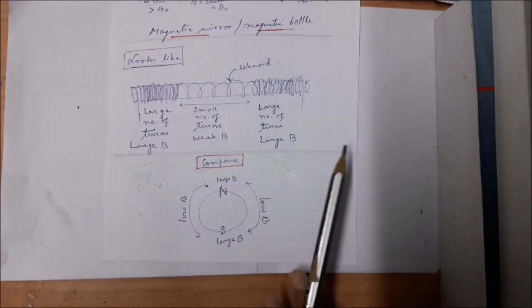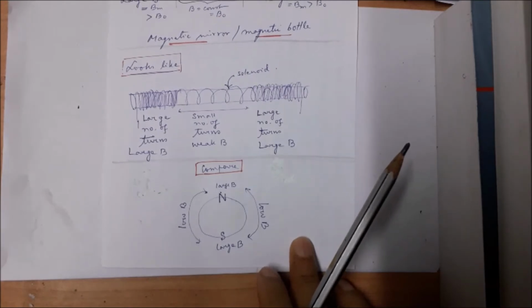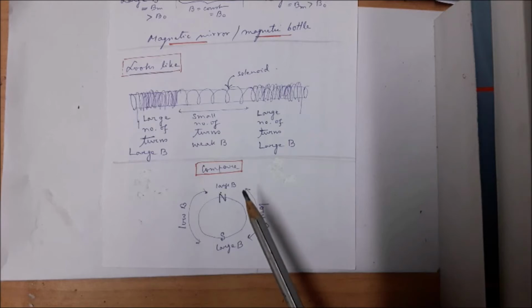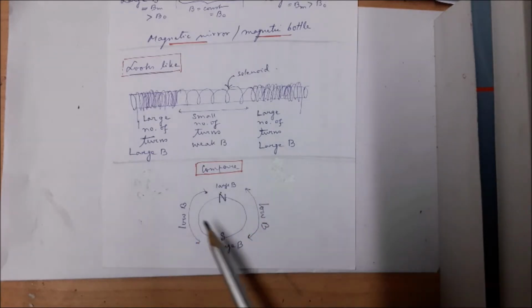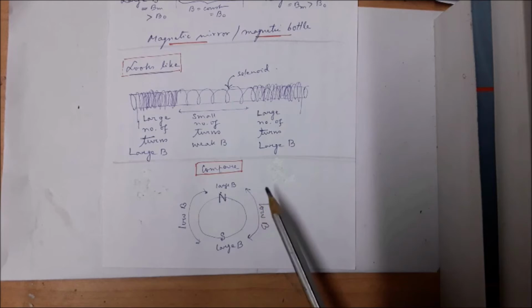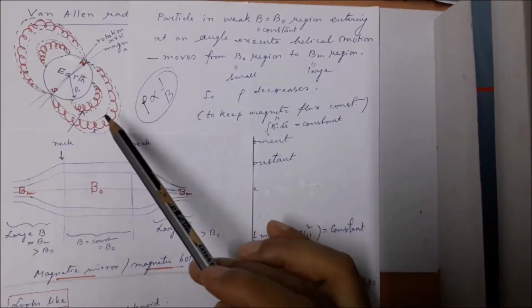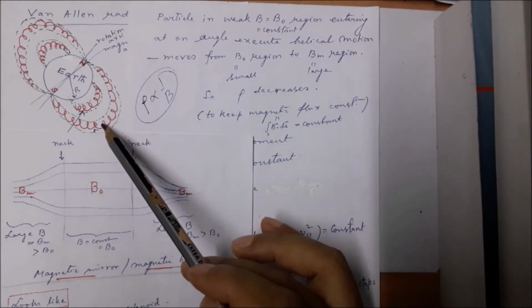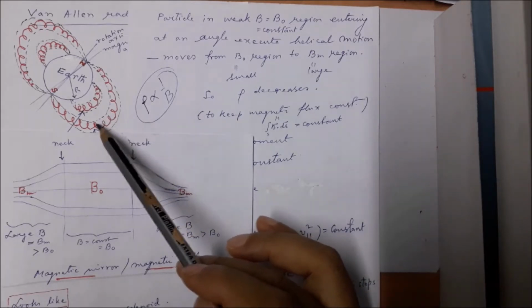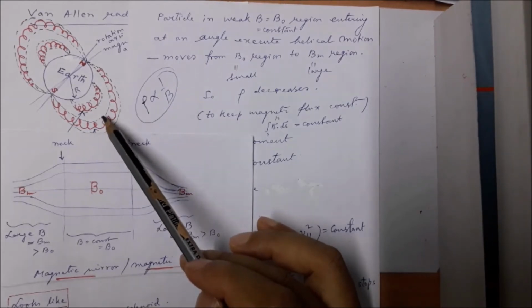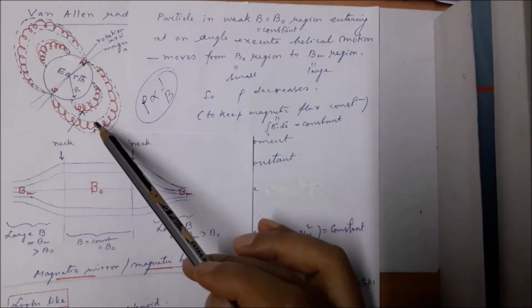Now, having described such a structure, let us investigate how a charged particle would behave when it gets into such a region. Say, particles coming from solar wind or having a cosmic origin enter somehow into this region. Let us consider a particle that somehow made its way to the weak magnetic field region, entering this B region at an angle, that is, making an oblique entry.